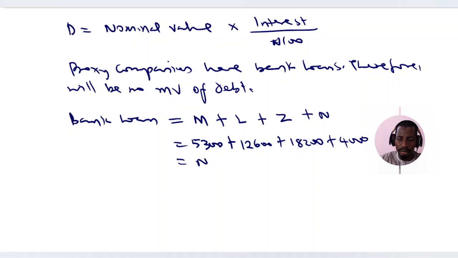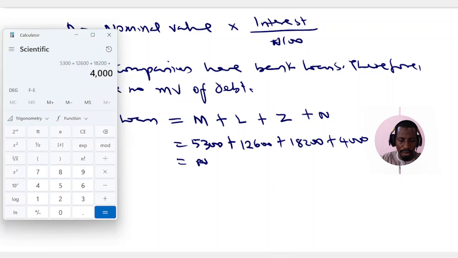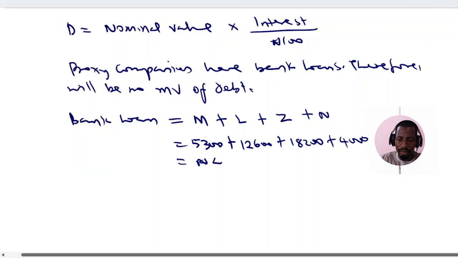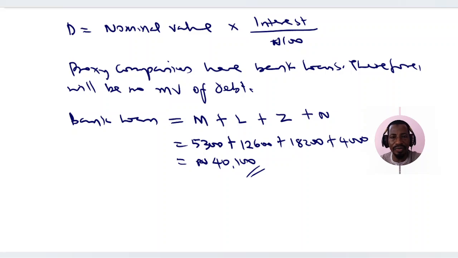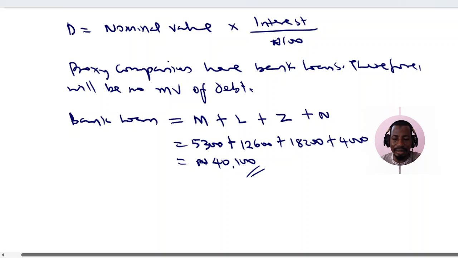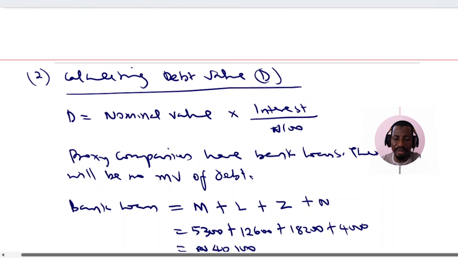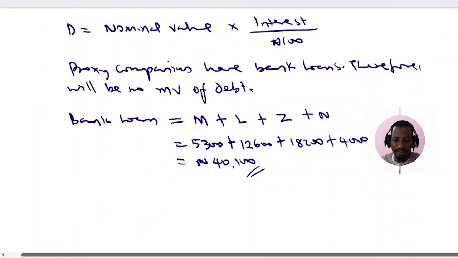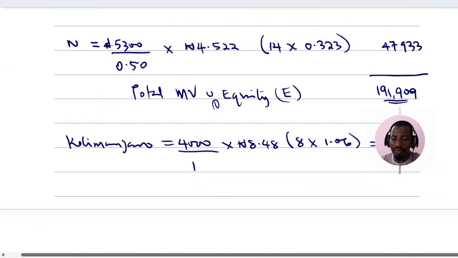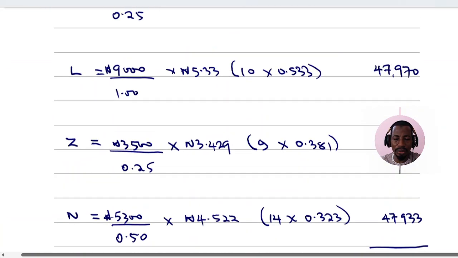So this should give us equal 40,100. You can see we cannot progress because the information we are looking for is not given in the question. So we have to find a way of getting it, and that's the essence of all of this. So for the proxy company, the debt value is 40,100. The equity value is 191,909.